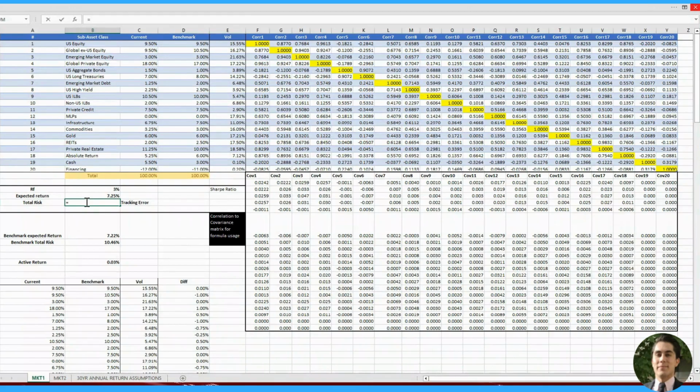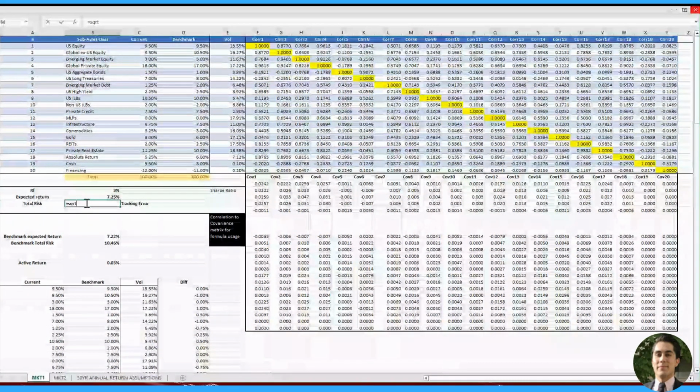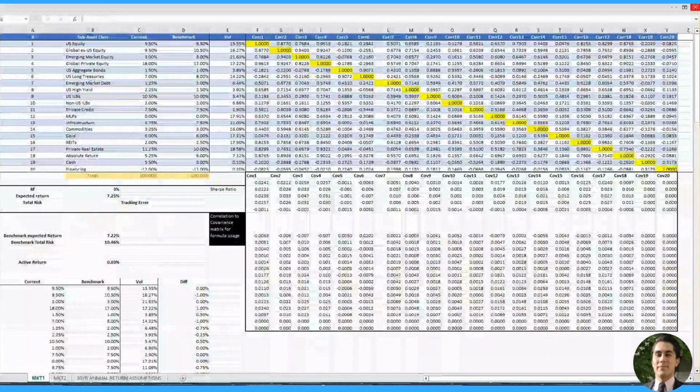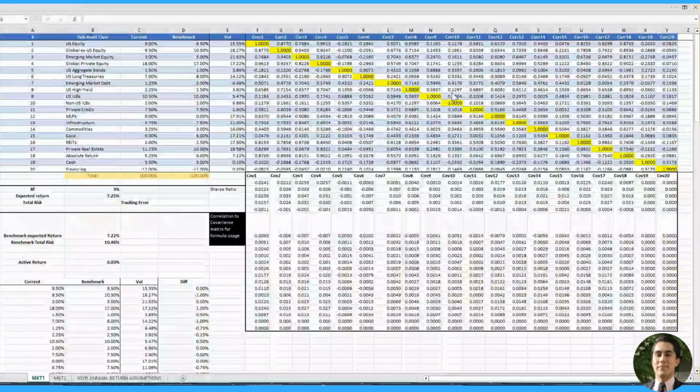Basically, the total risk is your standard deviation, the square root of your variance. So we're going to start with the square root of a sum product, because we need the weights to be included, so we get all the good stuff.